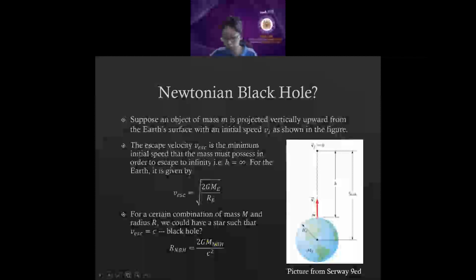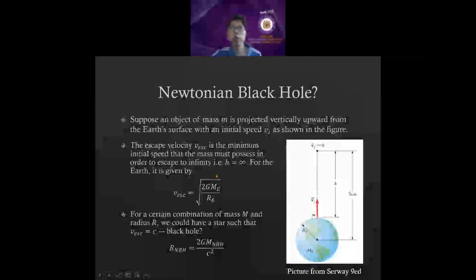Any idea? Suppose we have an object of mass m and radius such that the radius is given by this formula, then the escape velocity for that planet or star is going to be equal to c, right? So does this mean that nothing can escape the star?